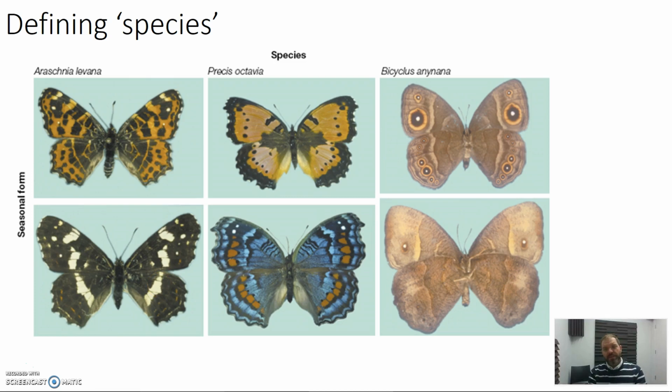So often we think about a species as a whole lot of animals or organisms that look similar to each other. Here we can see some butterflies that look similar, but sometimes that can be quite deceptive, because here is a different form, a seasonal form of that same species of butterfly that looks really different. Sometimes those differences within a species are even greater than the differences between species. We really see that with some of the animals that humans have bred.